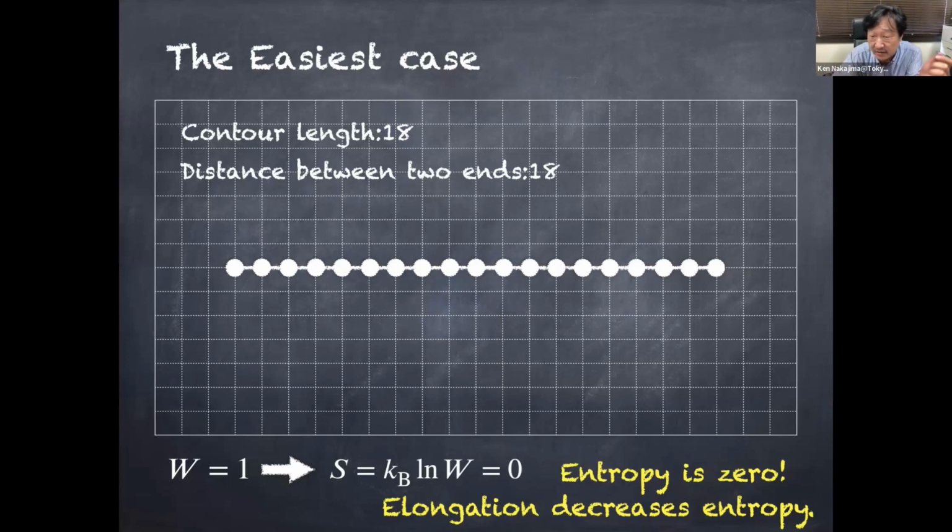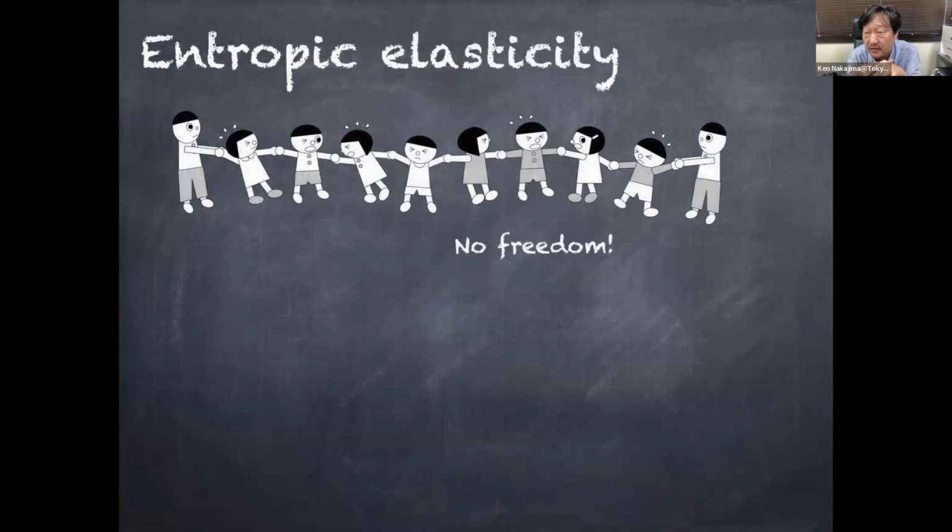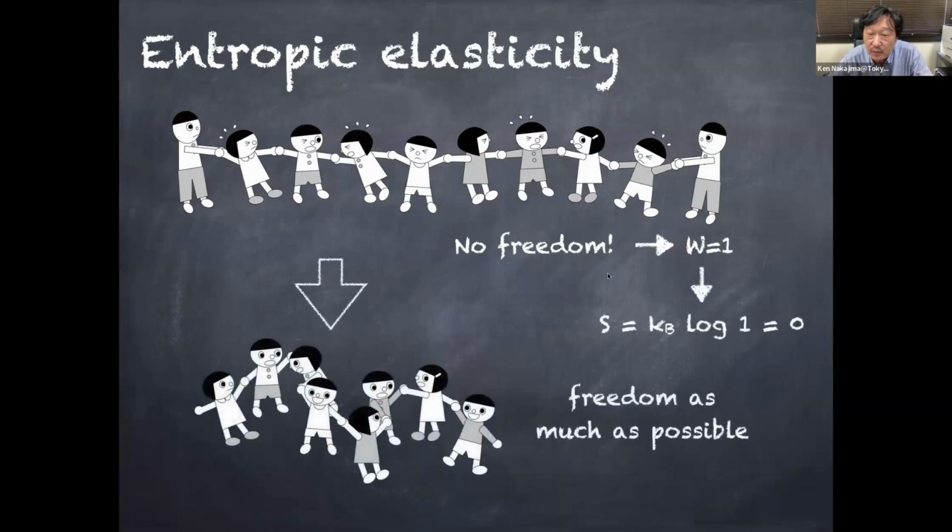So the stretched situation is not good for polymer chains. Once you stretch it, the chain has no freedom, the number of microstates is just 1 and entropy is just 0. When the stretch is released, they get the freedom once again, and entropy increases.